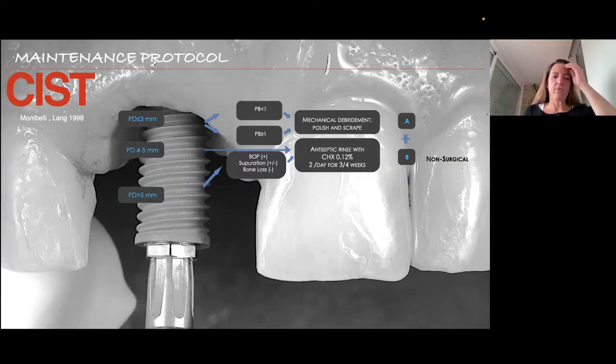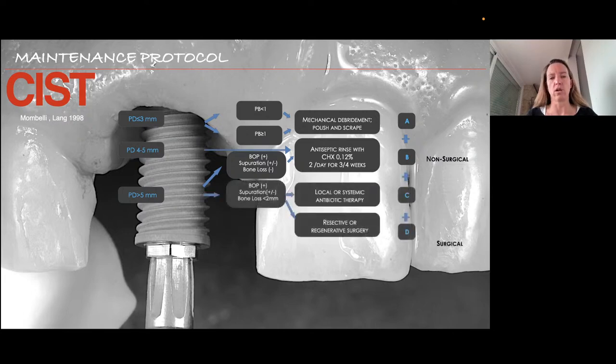If we have a pocket depth of more than 5 millimeters with BOP, suppuration yes or no, and no bone loss, we will do, as we see here, treatment A and treatment B. We are talking still about mucositis with no bone loss.